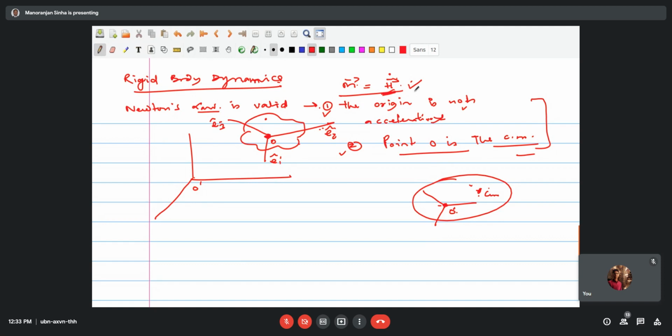Yeah, so if it's the center of mass, then it can accelerate. So I will come to that. I will do the mathematics for that. It will take almost one class explaining it, so I just want to avoid that part right now.